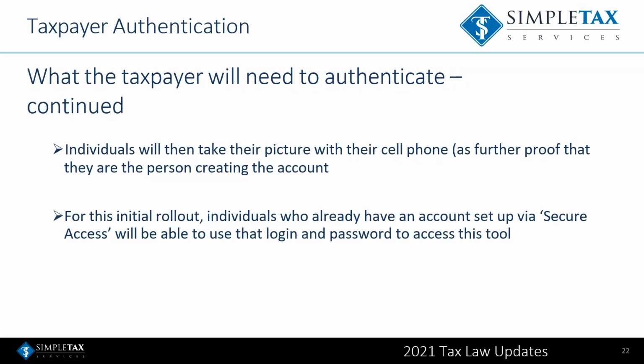They'll take a picture of themselves, and the IRS will use facial recognition software to determine if the person in the picture is the same as the person on the ID. Once those 2 things have been done and the IRS authenticates the facial recognition, then they will be asked to provide those other documents. Again, car registration, utility bill, something like that to prove who they are.